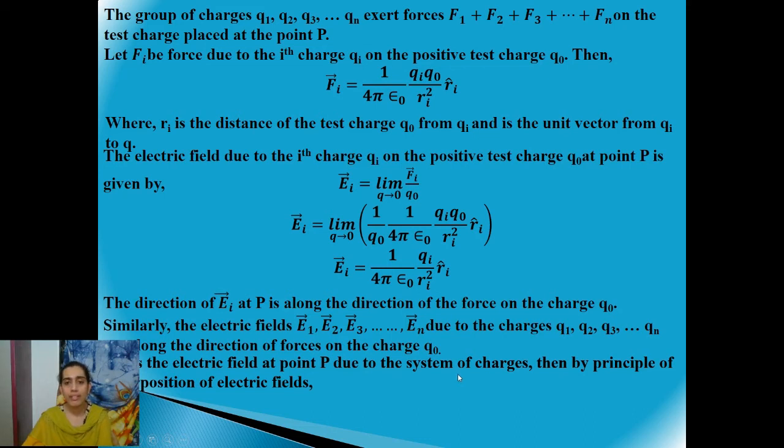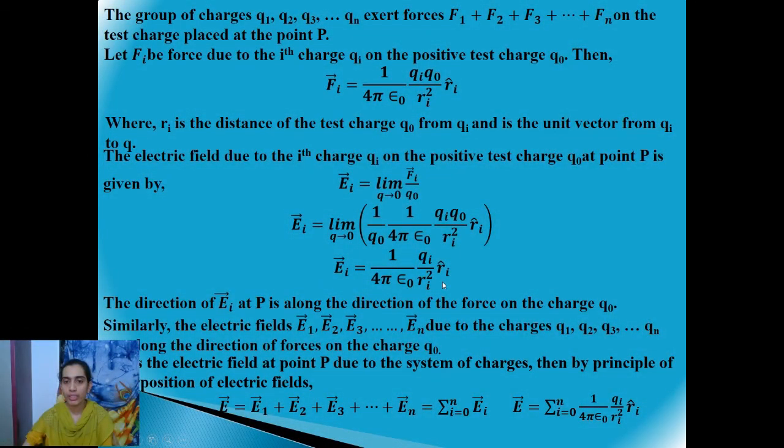It states that the total electric field will be the vector sum of all the electric fields contributed by the system of charges. Therefore, vector E can be written as vector E1 plus vector E2 plus vector E3 plus so on up to vector En, or this summation can be expressed as the summation of i equals 0 to n, where i can take values 0, 1, 2, 3, so on up to n, of vector Ei.